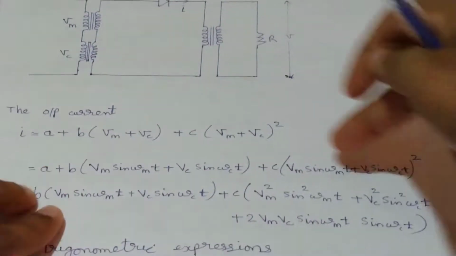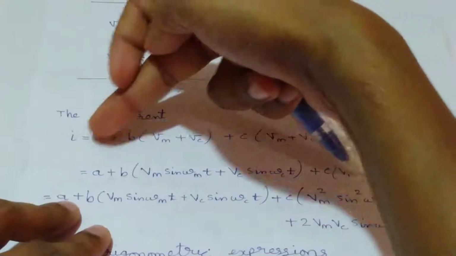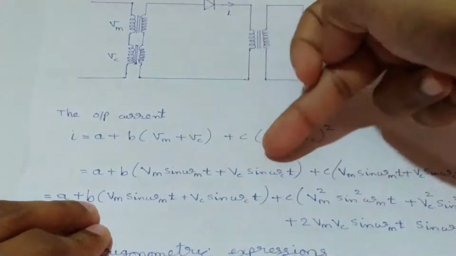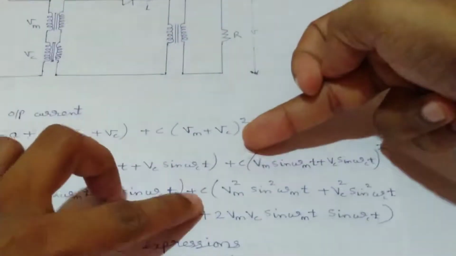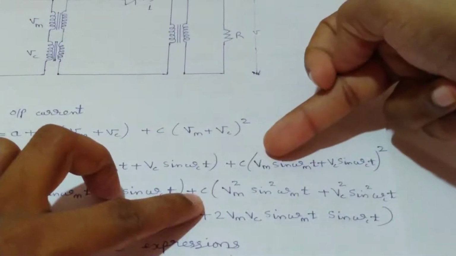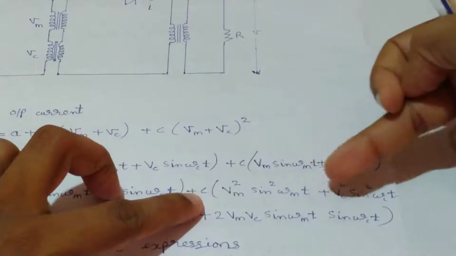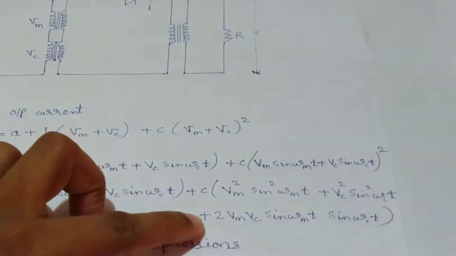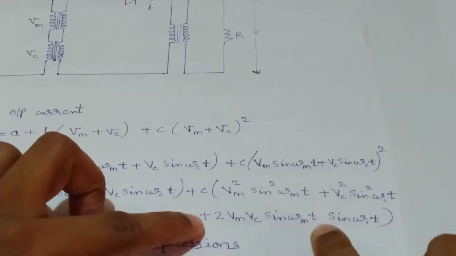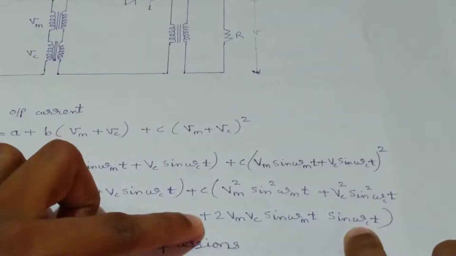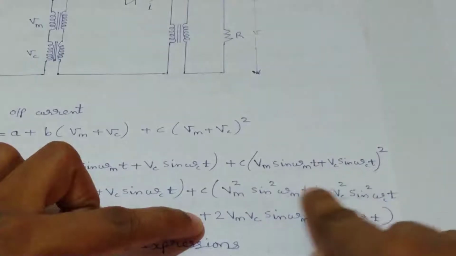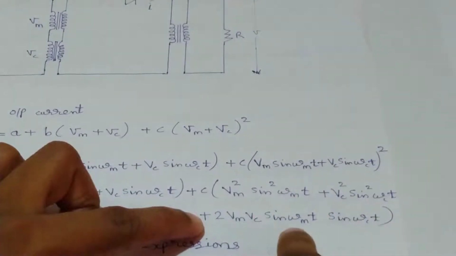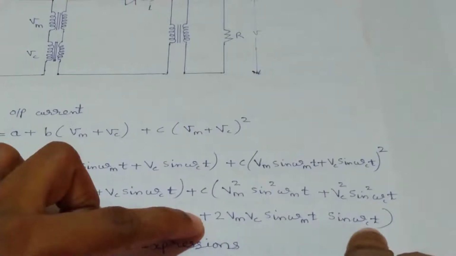So we will get I = A + B(Vm sin ωmt + Vc sin ωct) + C(Vm² sin² ωmt + Vc² sin² ωct + 2VmVc sin ωmt sin ωct). Then when we consider these terms, here we have the sin² ωt term and here we have the sin ωmt sin ωct term.